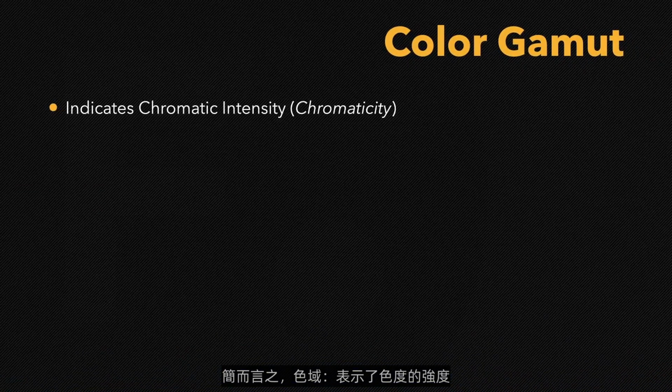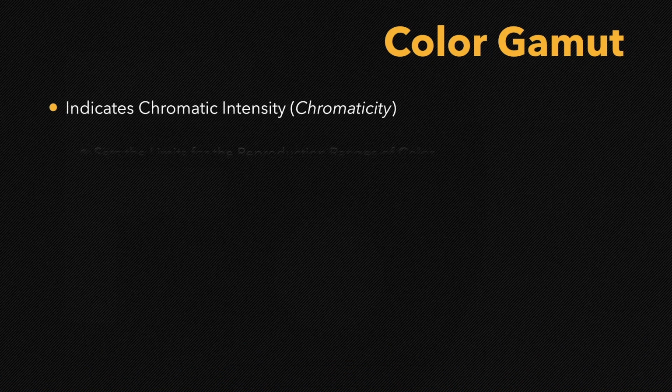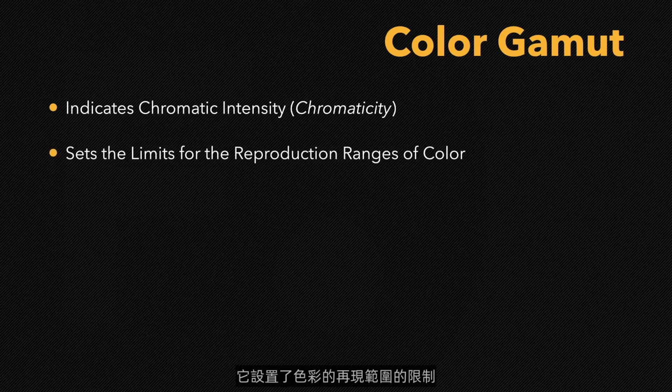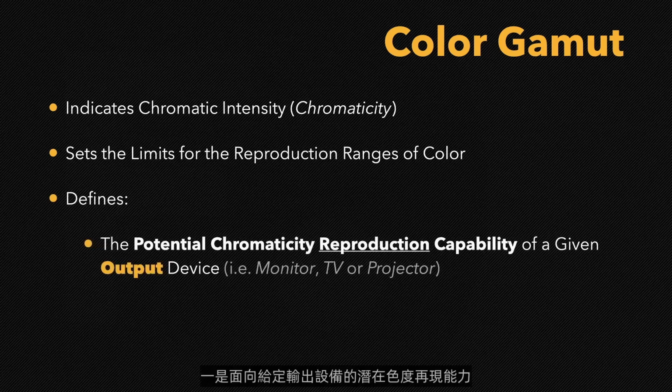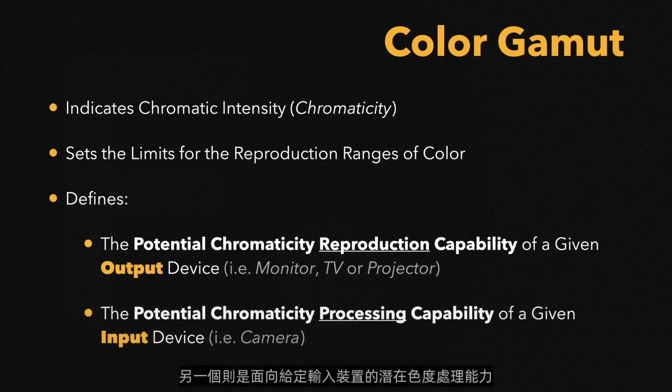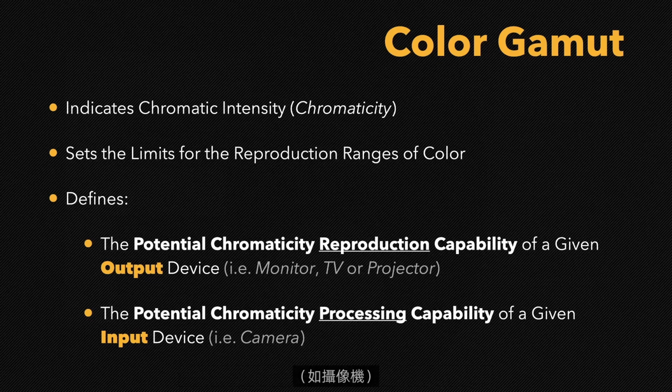In brief, a color gamut indicates chromatic intensity, which we have called chromaticity, sets the limits for the reproduction ranges of colors, and defines two things. One is the potential chromaticity reproduction capability of a given output device, for instance, a monitor, a TV, or a projector, or the other, the potential chromaticity processing capability of a given input device, for instance, a camera.